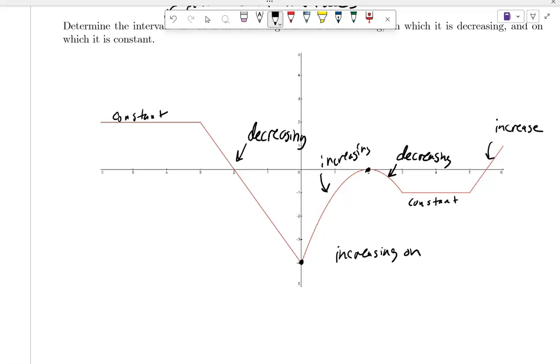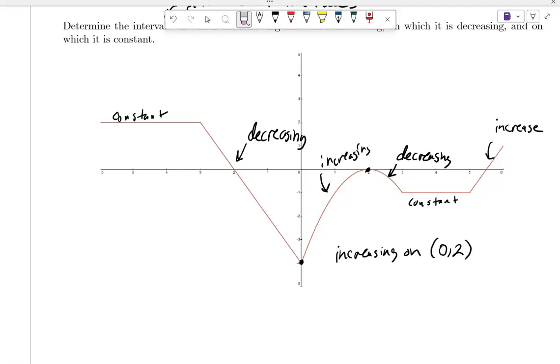What's the x value here? 0, right? Here the x value is 2. So we say it's increasing on the interval from 0 to 2. Again, these are x values. You use the y value to see if it's going up or down, but we don't actually refer to what the y values are. We're just saying it's increasing from x equal to 0 to x equal to 2.